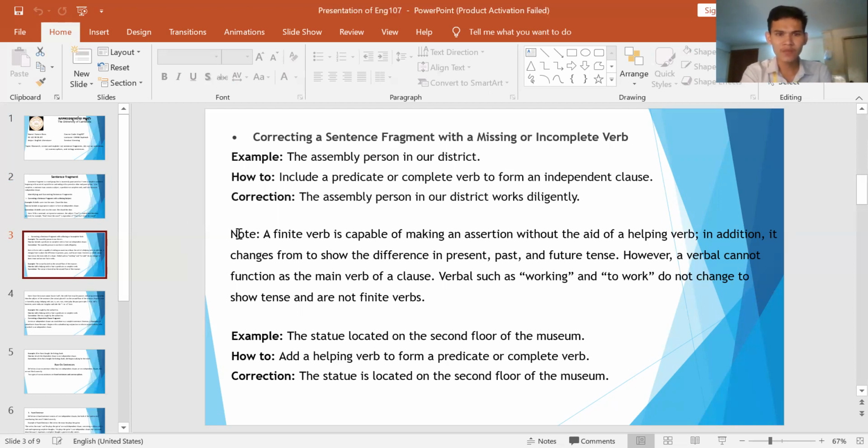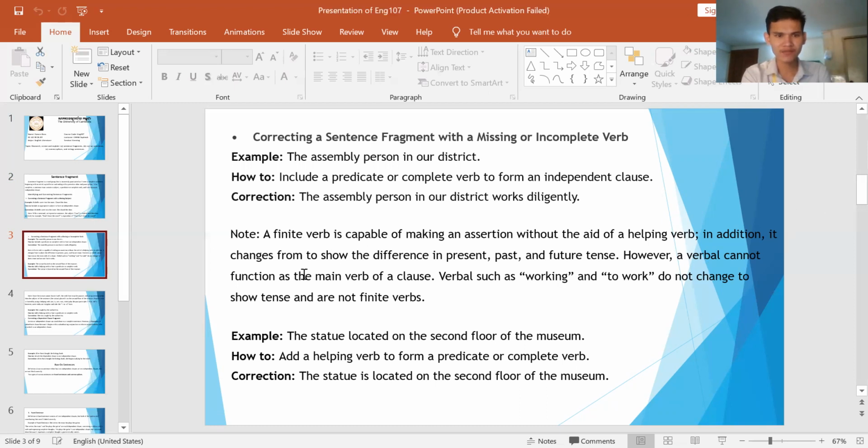A finite verb is capable of making an assertion without the aid of a helping verb. You need to add a helping verb to form tenses like present, past or future tense. So you need to add a helping verb like am, is, are, was, were, etc.